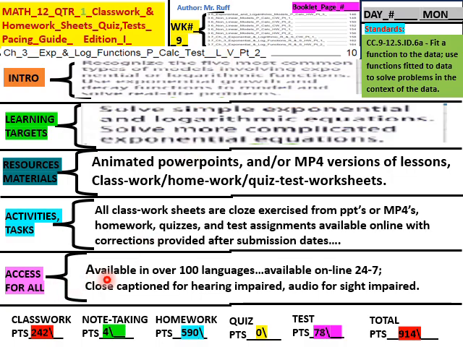And access for all. Available in over 100 languages. Available online 24/7. Closed caption for hearing impaired. Audio for sight impaired. Classwork is 242 points. Note taking is 4 points. Homework is 590 points. Test is 78 points. Your total is 914 points for week 9.